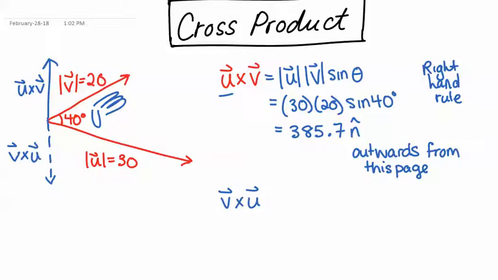They have the same magnitude, 385.7, but this time your direction vector would be pointing down.